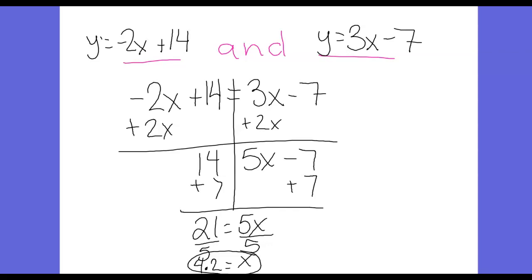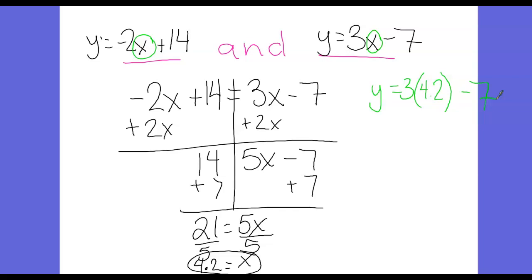I could place my value of x here and then solve for y, or I could put it here and solve for y. Either way, you will get the exact same answer. So if I use this equation, I would have y equals 3 times 4.2, because that's what I solved for x, and then minus 7.